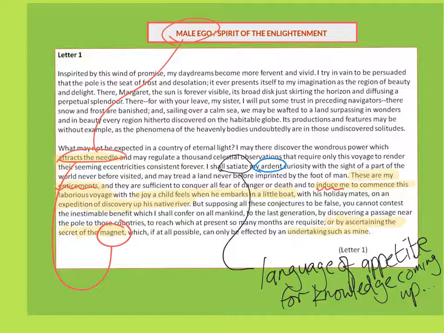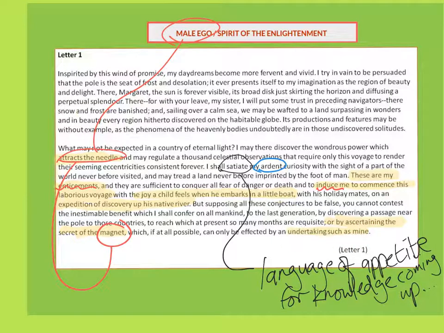So if you wanted to be numerical about it, look at all the first person pronouns on show here. I, my, mine, etc. And just tucked within that is, oh yeah, mankind might benefit from it as well. So we can see here, "you cannot contest the inestimable benefit which I shall confer on all mankind to the last generation by discovering," etc, ending with, "can only be effected" or caused, if you like, "by an undertaking such as mine."